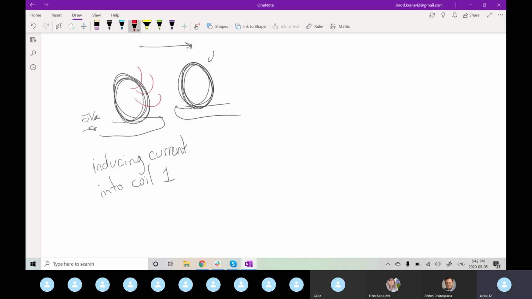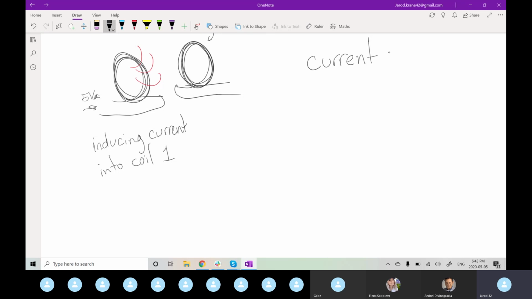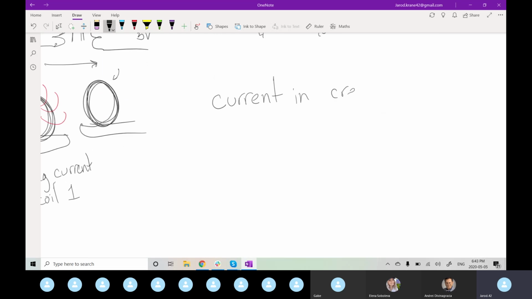And it works in both ways, where current in creates a magnetic field. It works inversely, where a magnetic field in will create some current.